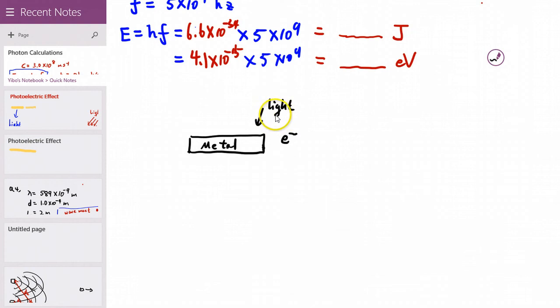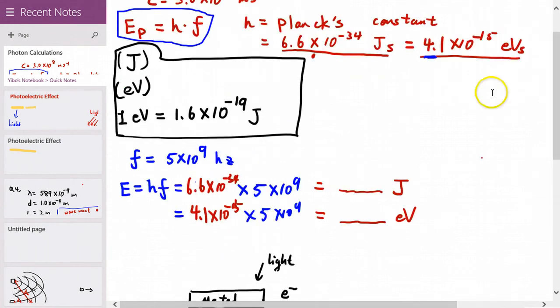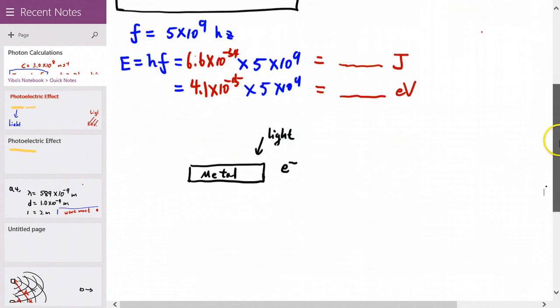According to this equation here, if I use a lower frequency, the photons will carry less energy. Thus, for some metals, an electron would not be able to escape.